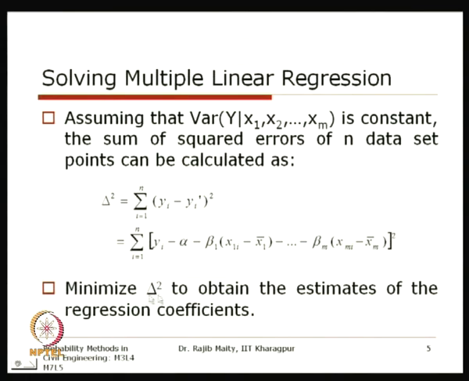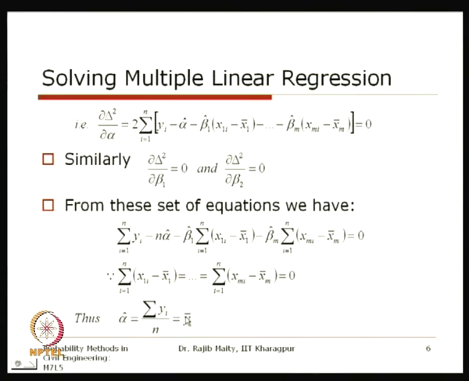Now, we have to minimize this delta square to obtain the estimates for the regression coefficients. To minimize this, as we have seen in simple linear regression also, the partial derivative with respect to all these constants has to be made equal to 0. Similarly, delta square dou alpha is equal to 0, and for beta 1, beta 2, beta 3 up to beta m, all these partial derivatives should be equal to 0.